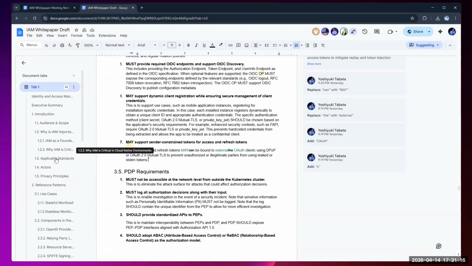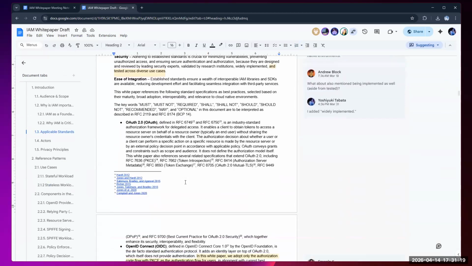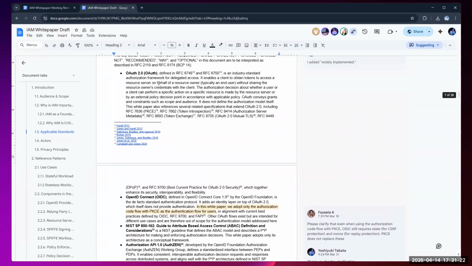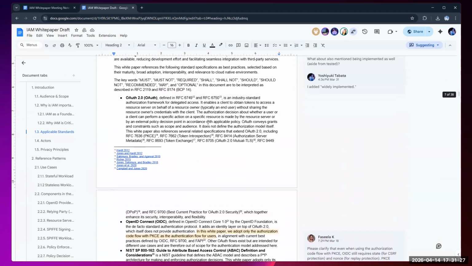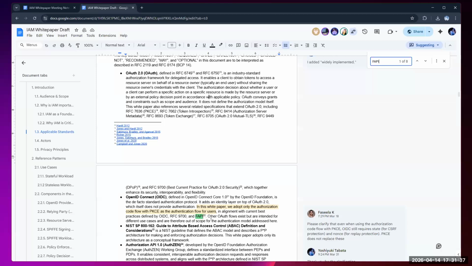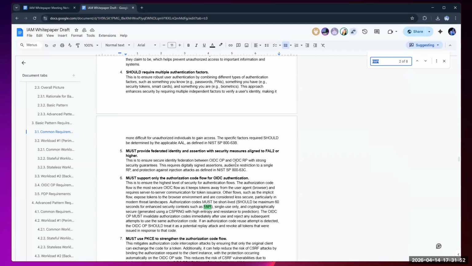I'm not writing here regarding FAPI. Yeah, I mean, how best practice is defined in the FAPI. In this white paper, we adopt only the authorization code flow with PKCE as the authorized users. And that is regarding PKCE and authorization code grant, and other things.